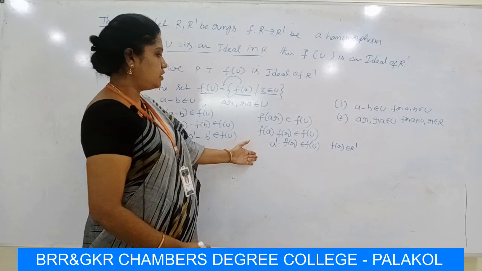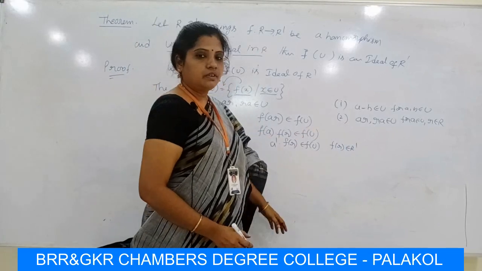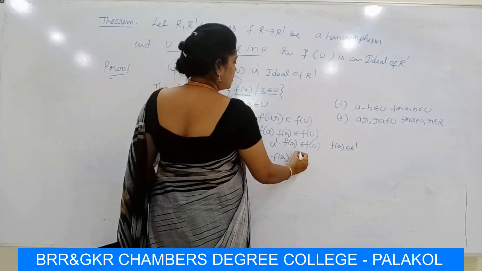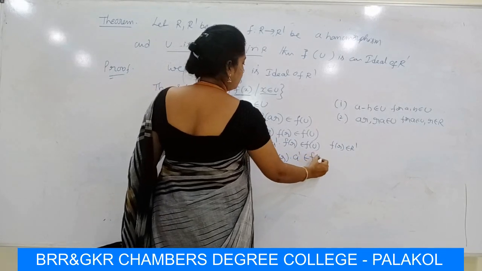So a dash into f of r also belongs to f of U. Similarly, f of r into a dash also belongs to f of U.